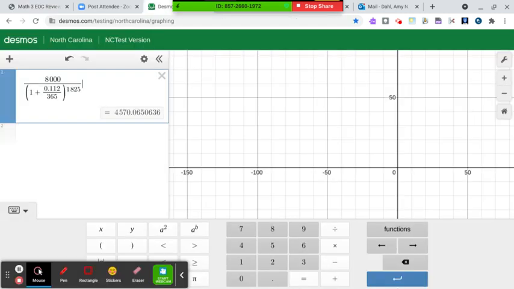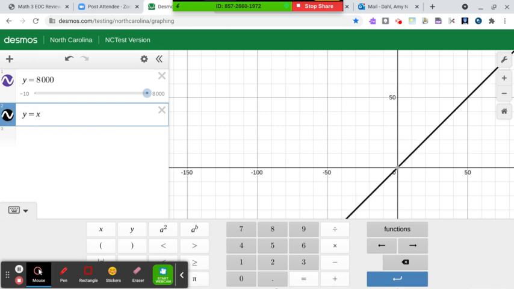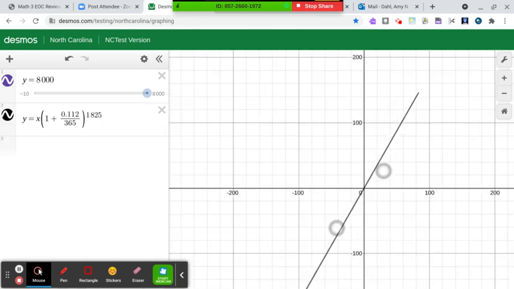Let me show you. I go to Desmos and I put the left-hand side of the equation in. I put the right-hand side of the equation in using X as my variable P, raised to the 1,825. I zoom out.